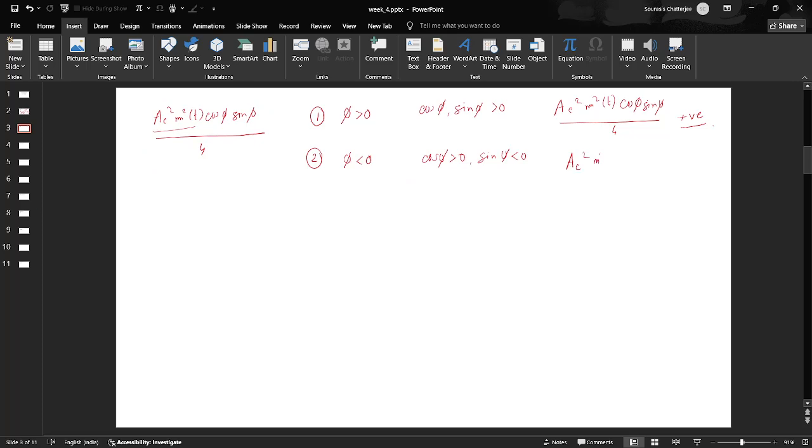So we are left with this voltage being negative.